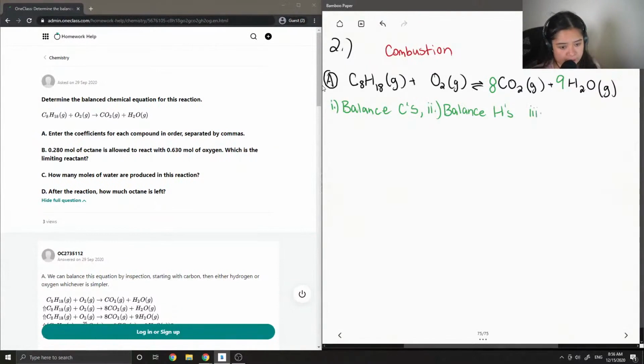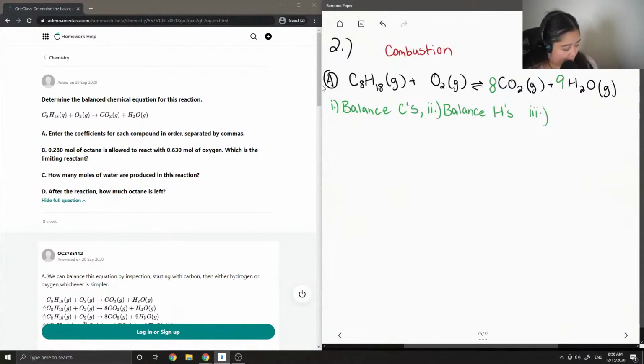And then lastly, all my carbons and hydrogens are balanced, and now I want to balance out my oxygens. The reason I do this last is because when I balance out my carbons, this affects the number of oxygens. And similarly, when I balance out my hydrogens, this also affects how many oxygens as well.